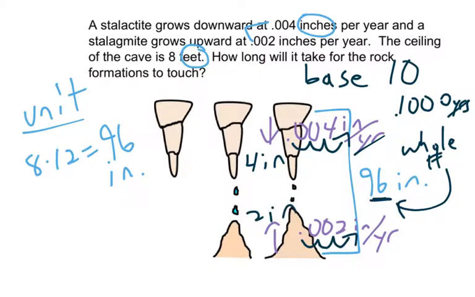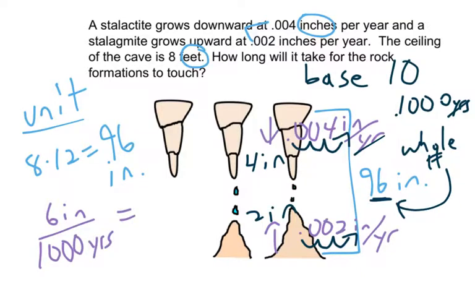Well, since these are going in the same direction, the stalactite's going down, the stalagmite's going up, we're going to add those values. So 2 plus 4 gives us a total of 6 inches. So it's going to be 6 inches for every 1,000 years.